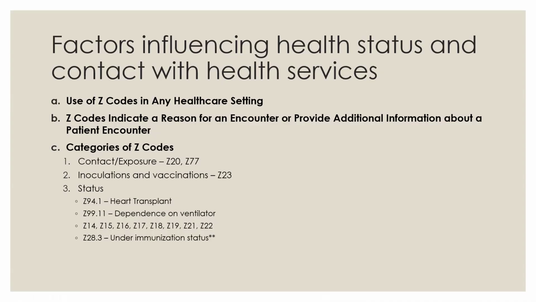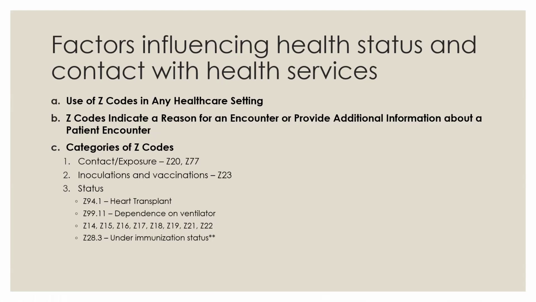A status code should not be used with a diagnosis code from one of the body system chapters if the diagnosis code includes the information provided by the status code. For example, Z94.1 for heart transplant status should not be used with a code from subcategory T86.2 for complications of heart transplant. The status code does not provide additional information.